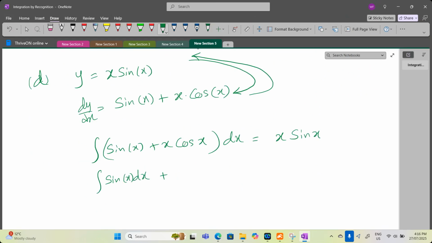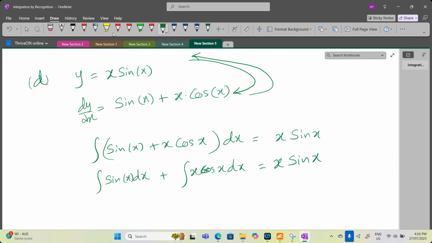And then you can split this like this: the integral of sin x dx plus the integral of x cos x dx equals x sin x. On that side you don't need to antidifferentiate, it's just x sin x. If you don't have limits, put a plus c, otherwise leave it like that.